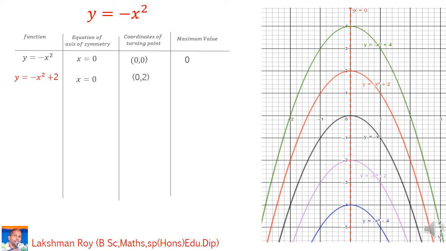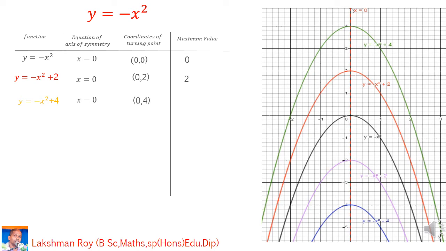Then another graph, y equals negative x squared plus 4. The equation is x equals 0. The turning point has x coordinate 0, y coordinate 4, so (0, 4), and the maximum value is also 4.